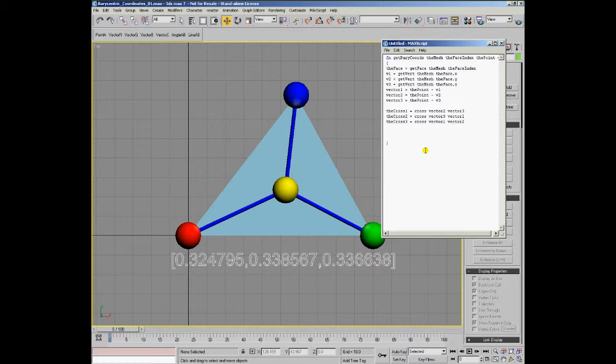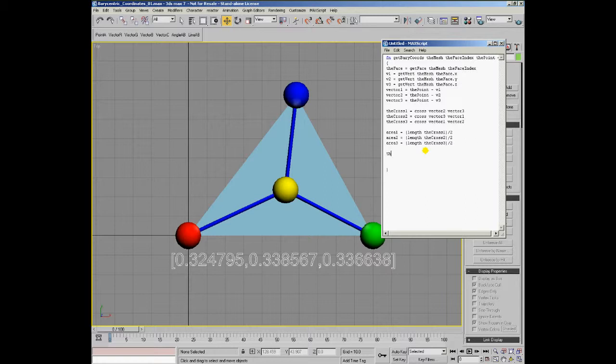To calculate the area, the first area is going to be the length of the first cross product divided by 2. The second area, the length of the second cross product divided by 2, and the third area, the length of the third cross product divided by 2.